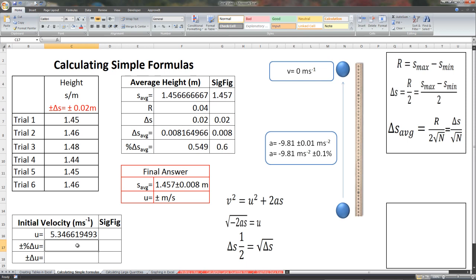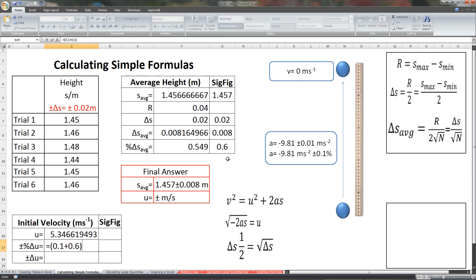So I go ahead and look here. Well, my uncertainty of my acceleration is 0. Hold on. Let's go ahead and do this in parentheses because I'm going to be adding and multiplying. So it's 0.1% plus the uncertainty of my height, which is 0.6%.